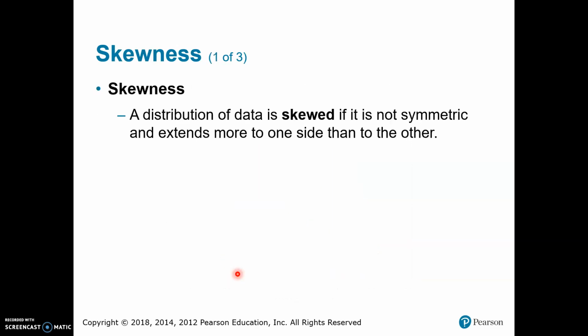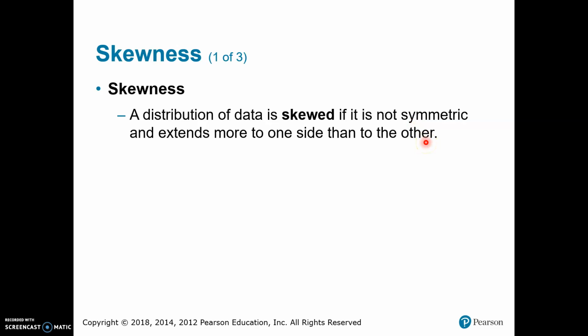So skewness refers to the fact that the graph is not symmetric. Symmetric means that it is evenly spread.